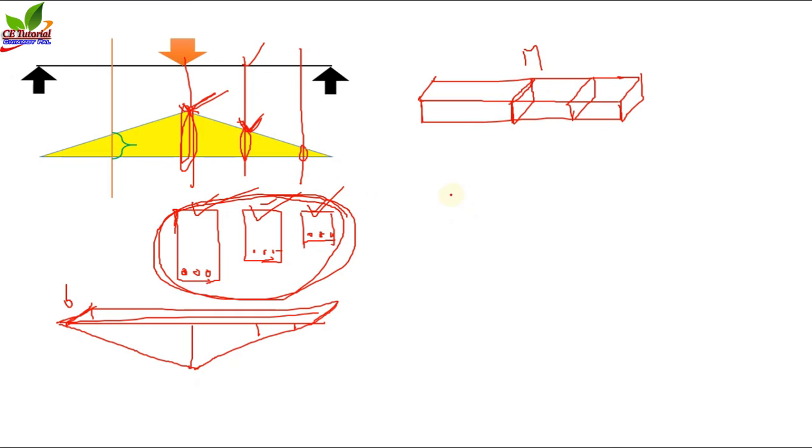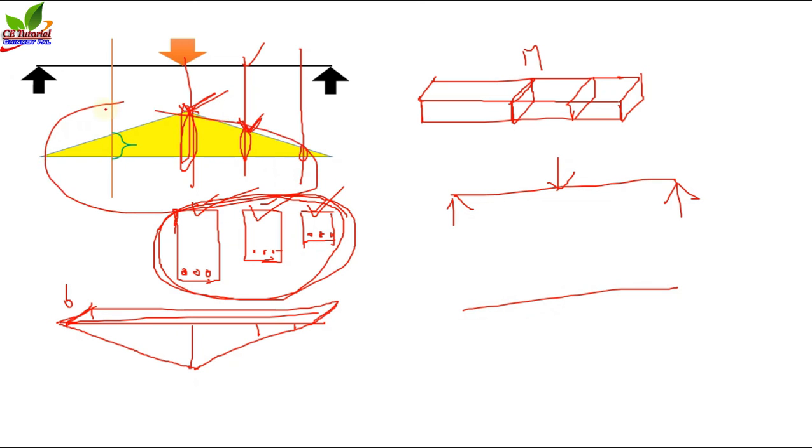That means we can say that for our case, suppose this is the simply supported beam and this is the bending moment diagram, triangular, but we consider only this maximum bending moment.